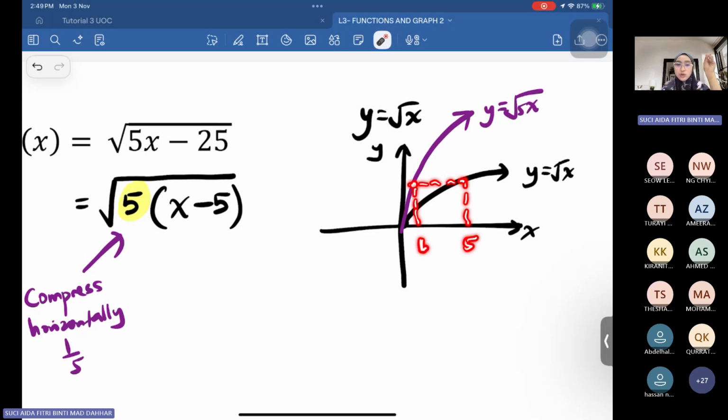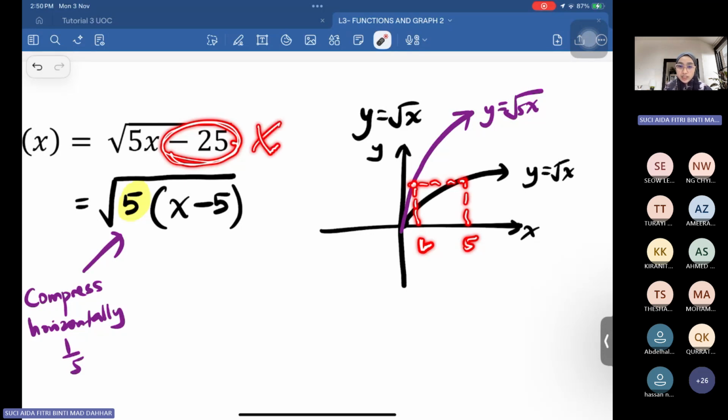So, this is the common mistake. Some students will shift, which direction? To the right, correct. Some students thought that they need to shift 25 units to the right, which is wrong.